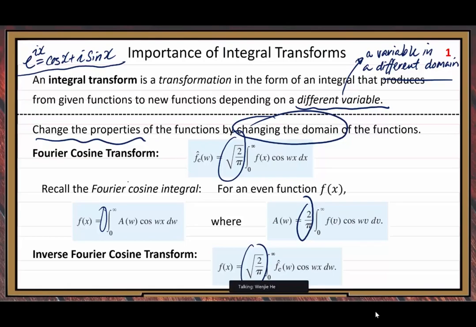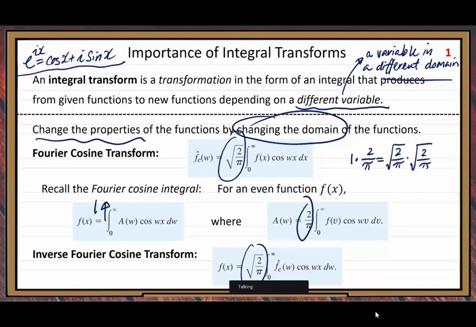Here we use the constant 1, and here the constant pi. Suppose there are two constants; the product of these two constants is the same. But for the transform, people like to use the same constant.